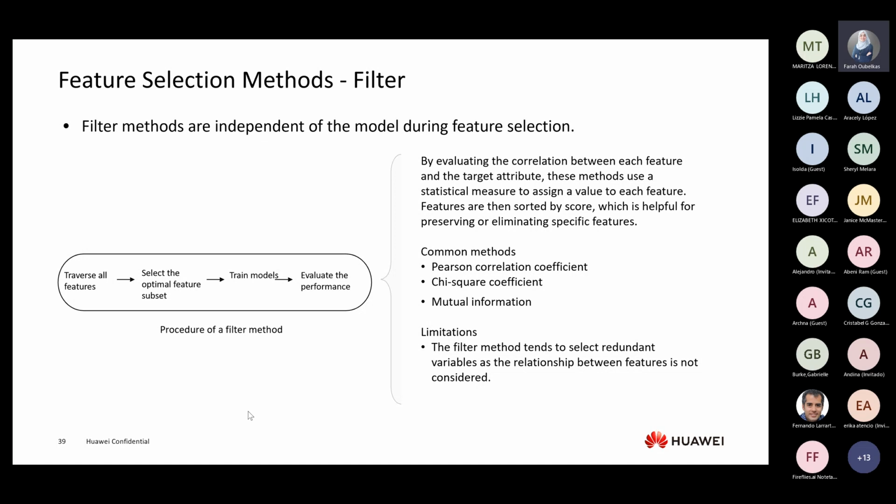Okay, now let's go to the first method. Can someone summarize what I said about supervised and unsupervised methods in feature selection, and what are the supervised feature selection methods?